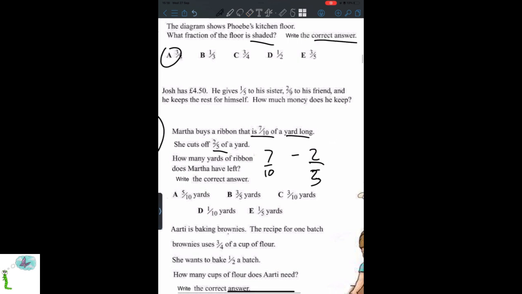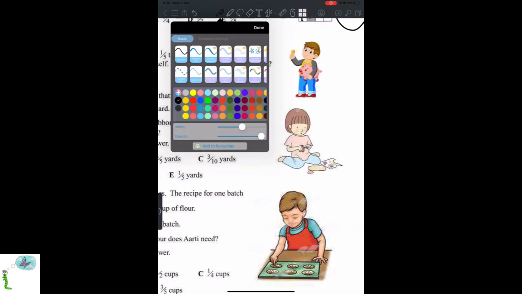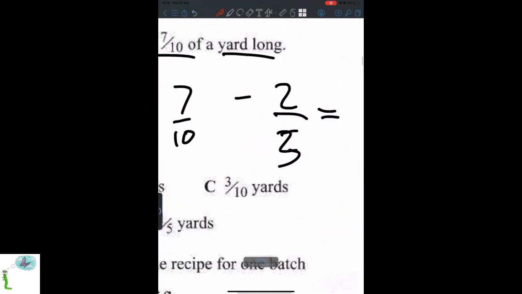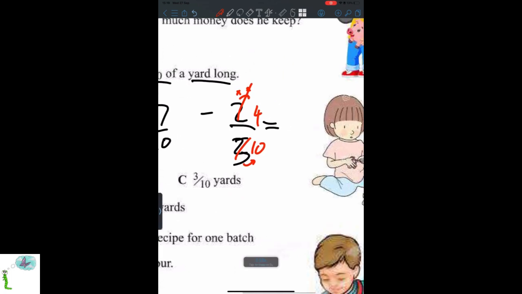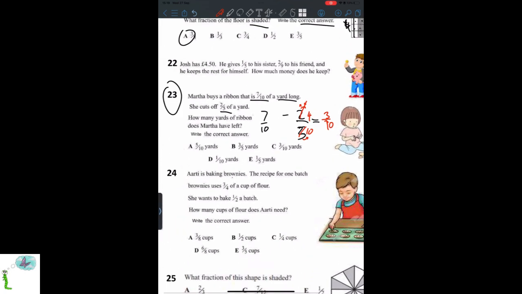All you have to do is follow the laws of subtraction, which means we have to make this have the same denominator. So to change this to 10, we have to times it by 2. So we're going to times this by 2, and it's going to be 4. So now the new fractions we've got are 4 over 10 and 7 over 10. And if we subtract that, we get 3 over 10. And that's going to be our answer.